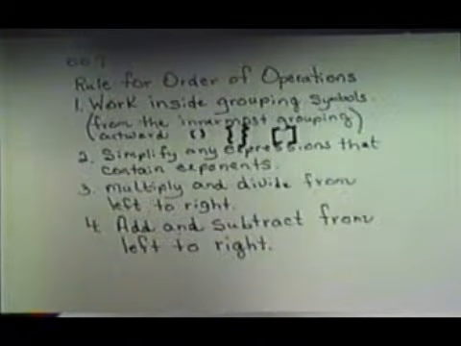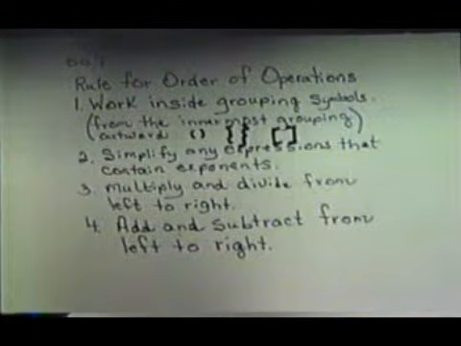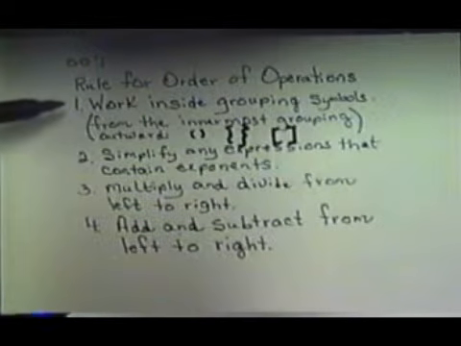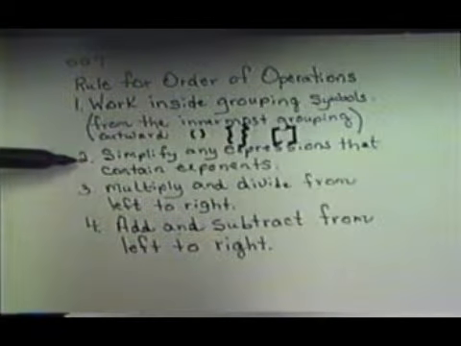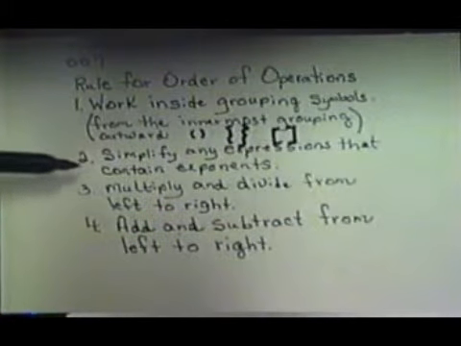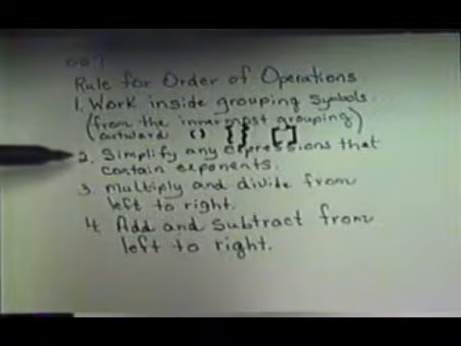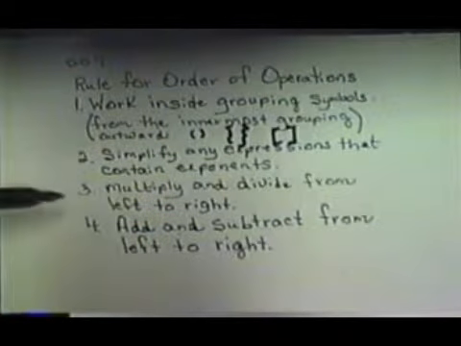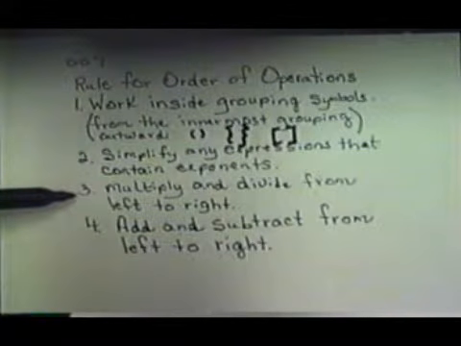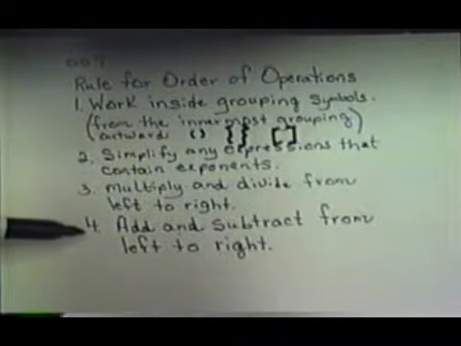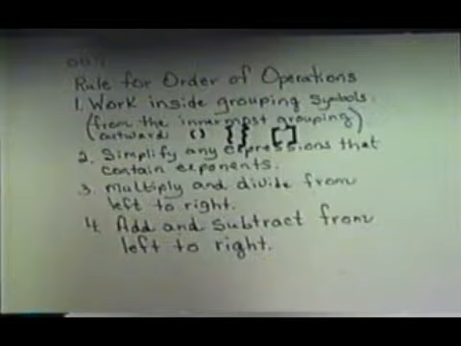You always begin inside your grouping symbols. After you've done your work inside your grouping symbols, then you simplify any expressions that contain exponents. The third rule says to multiply and divide from left to right. The fourth rule says to add and subtract from left to right.